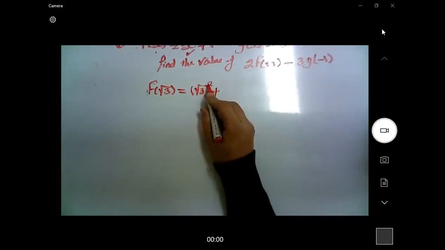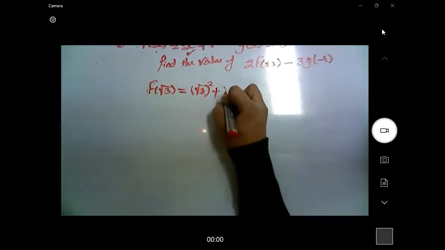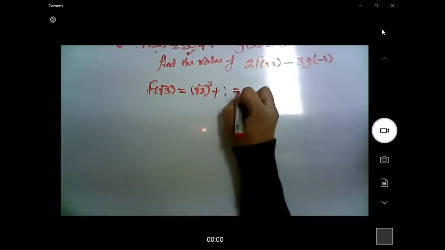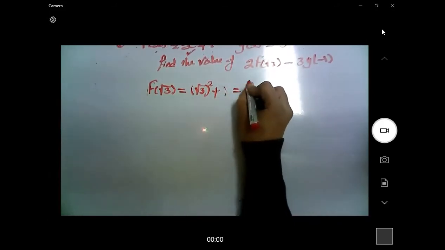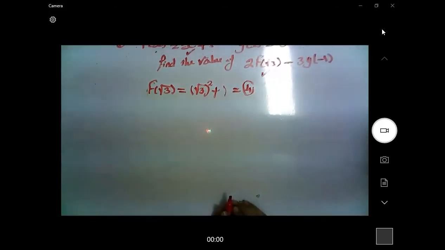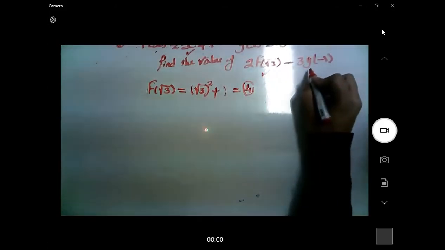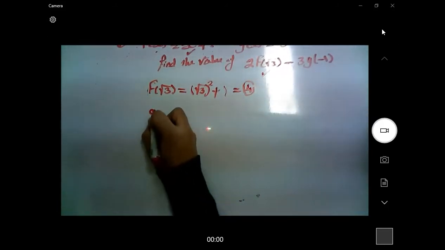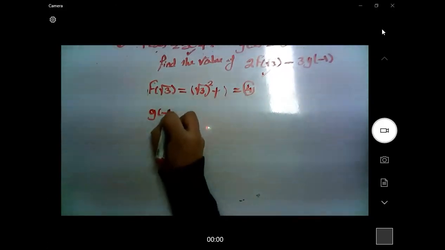Root 3 all power 2 is 3, plus 1 equals 4. This is f of root 3. Now we are going to get g of negative 1.